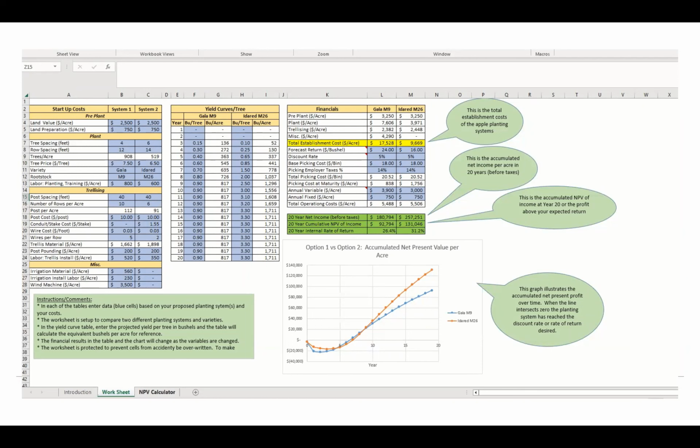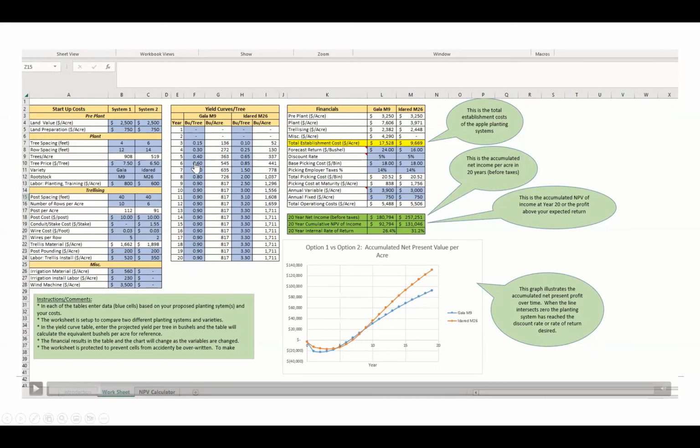And in this case, these numbers I think I've played with over the years, so don't look at the numbers per se. Like, this is not to tell you whether Ida Red or Gala is more profitable. It's just to show you how you can use this type of analysis to determine whether or not something is likely to be profitable in the future when you take net present value into account.